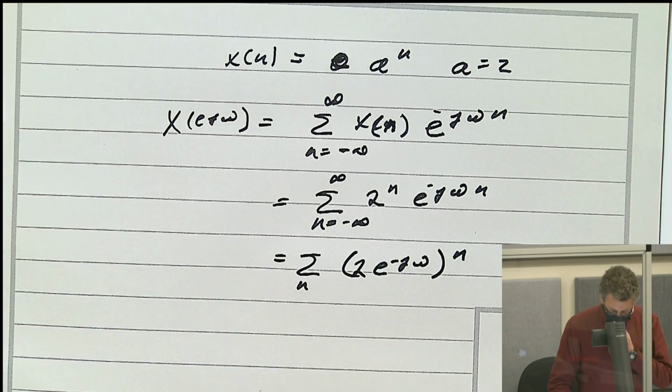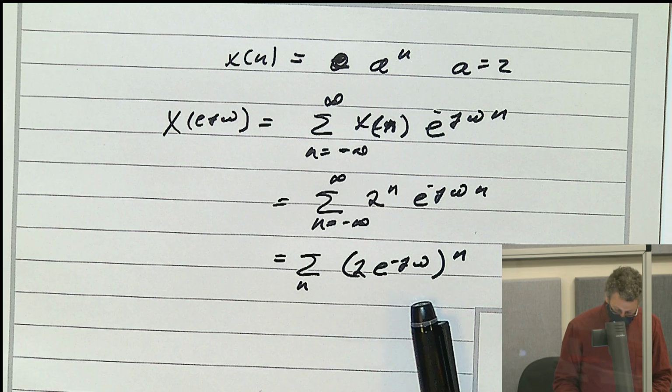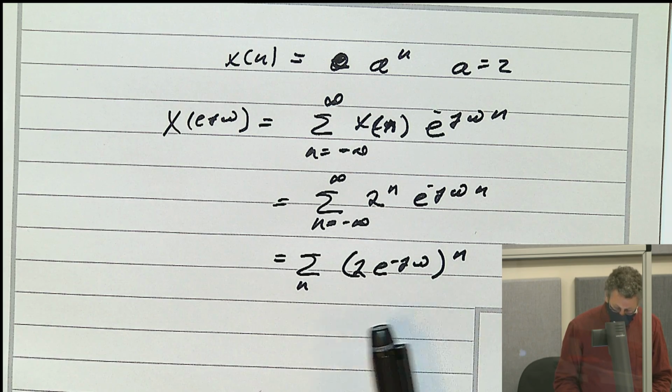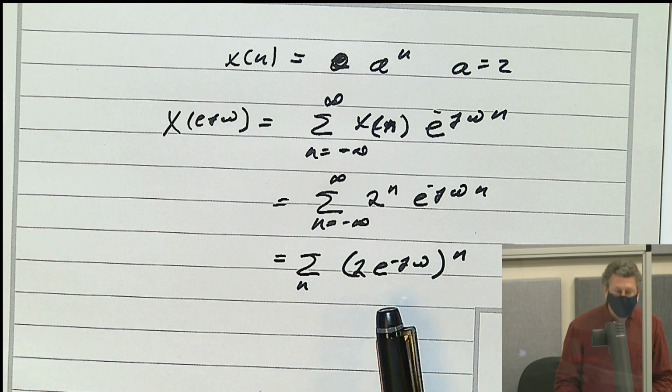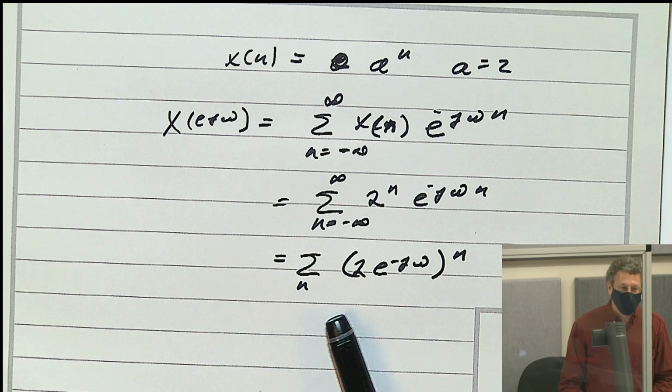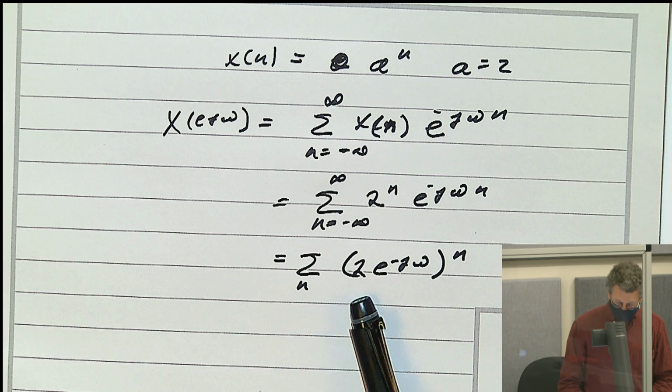Now the problem is, this is not absolutely summable. It's not really possible to assign any meaningful value to this sum because the magnitude is growing, right?